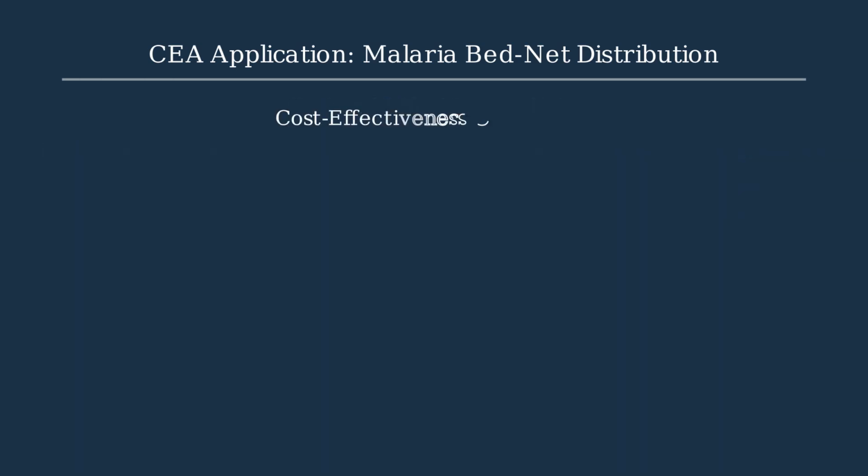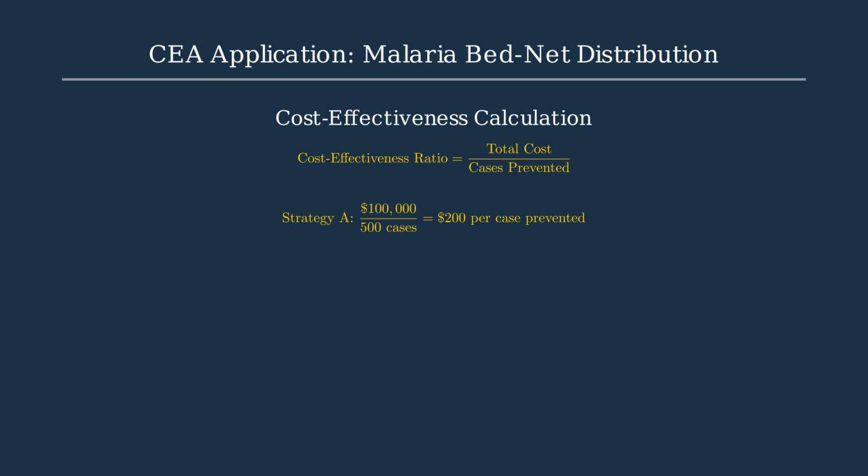The cost-effectiveness ratio is calculated by dividing the total cost by the number of malaria cases prevented. For strategy A, we divide 100,000 by 500 cases prevented, giving us $200 per case prevented. For strategy B, we divide $80,000 by 300 cases prevented, giving us $267 per case prevented.